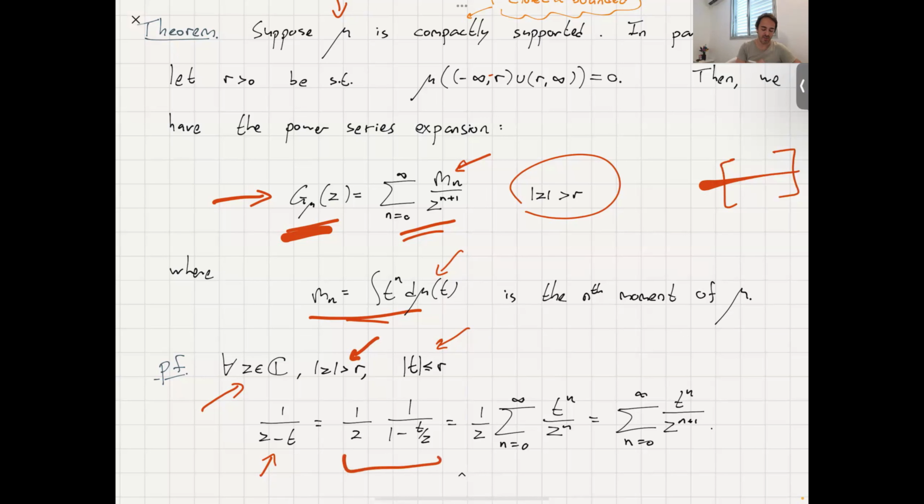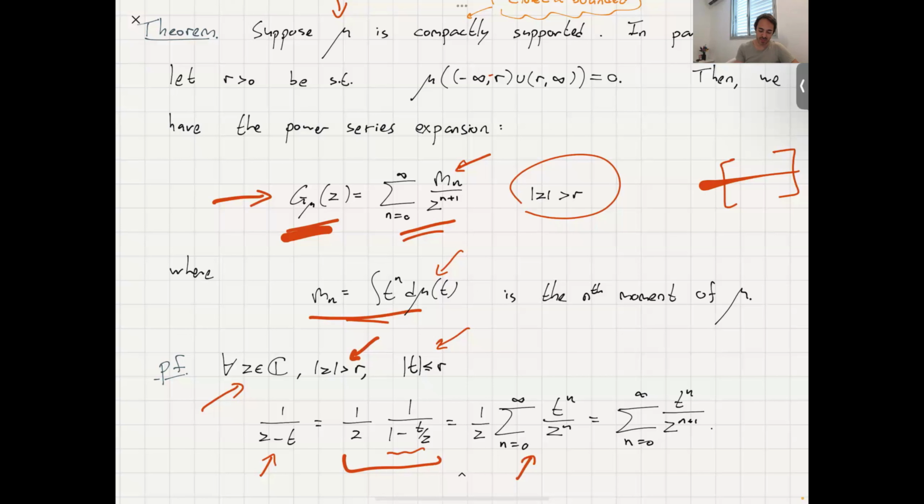You can pull out a z from the denominator. And now, since t over z has modulus smaller than 1, because z has modulus strictly larger than R, and t has a modulus smaller or equal to R, this geometric series converges uniformly to that, so you get this equality.